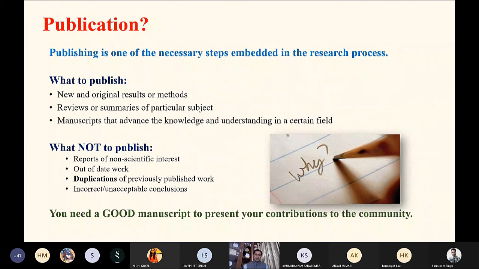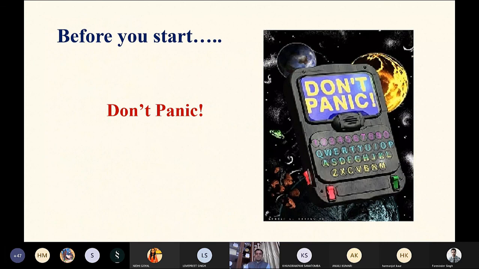The only good manuscript is one that contributes something new to the community, meaning the implications and suggestions must be very fruitful for society or for researchers.